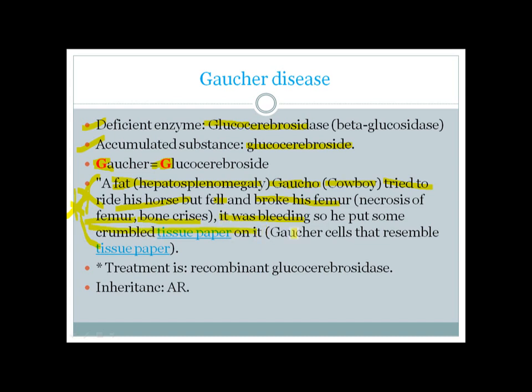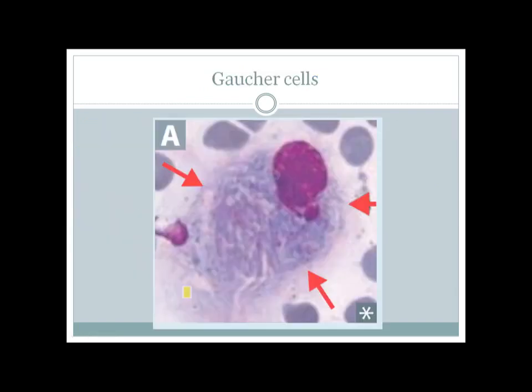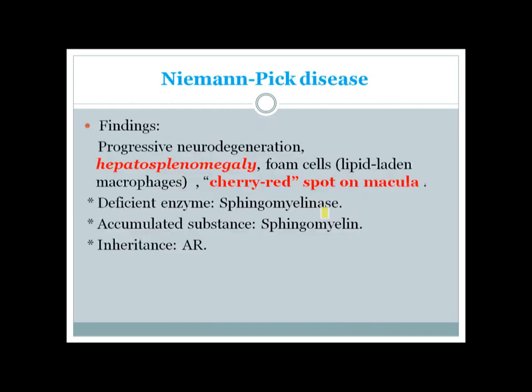Crumpled tissue paper means Gaucher cells that resemble crumpled tissue paper. You can treat patients with Gaucher disease with recombinant glucocerebrosidase, and like most other lysosomal storage diseases it has an autosomal recessive inheritance pattern. Here you can see the liver biopsy specimen showing the Gaucher cells, which are crumpled tissue paper-like. Actually those are lipid-laden macrophages.